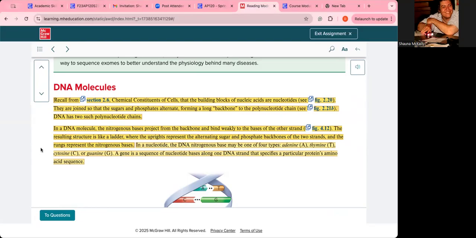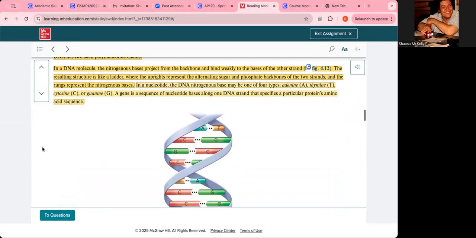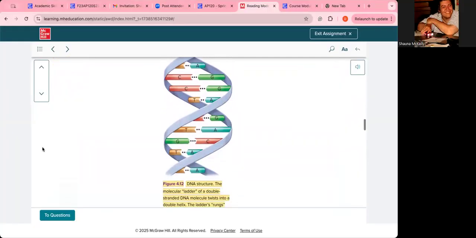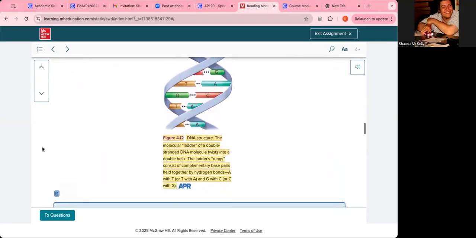I want to see what the picture says. The caption says: DNA structure, the molecular ladder of its run twists into a double helix. The ladder's rungs consist of complementary base pairs held together by hydrogen bonds. A with T or T with A and G with C.